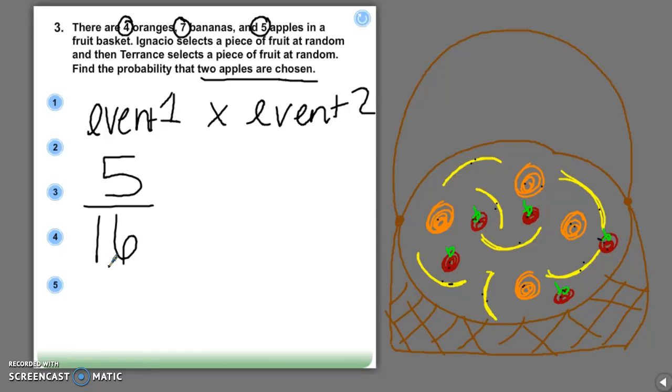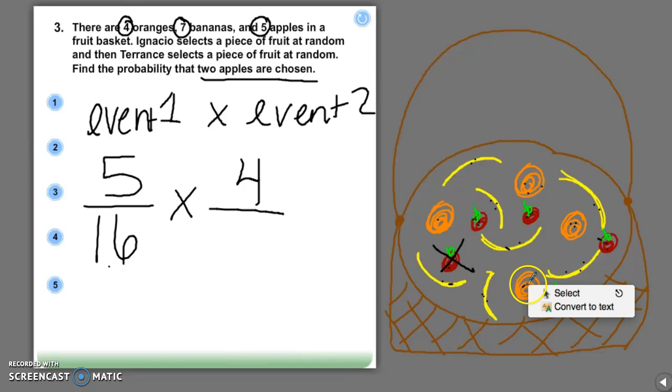Okay? My event 2. If I selected an apple the first time, that one is no longer in there. So now I have 1, 2, 3, 4 apples out of 1, 2, 3, 4, 5, 6, 7, 8, 9, 10, 11, 12, 13, 14, 15 fruit.